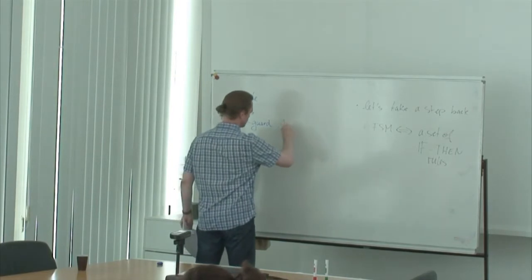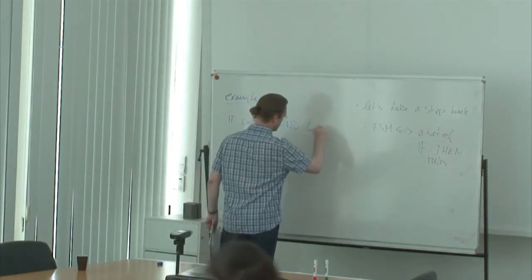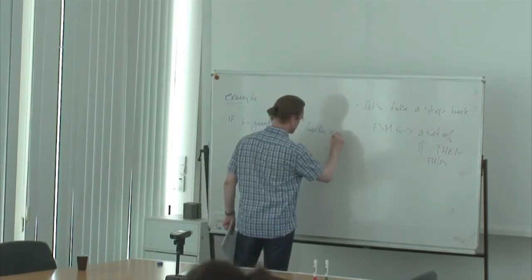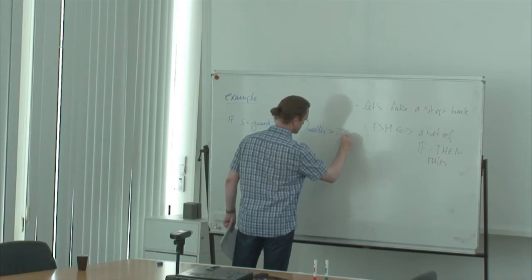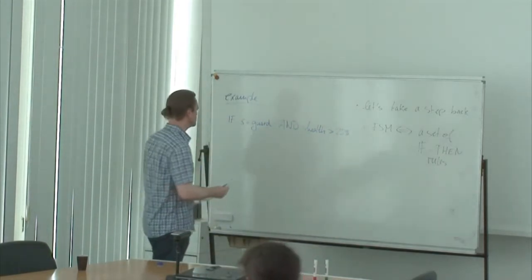And now it becomes clear, the health of this character that is supposed to be guarding a treasure is greater or equal than, say, some 20%, whatever that means, we don't care.